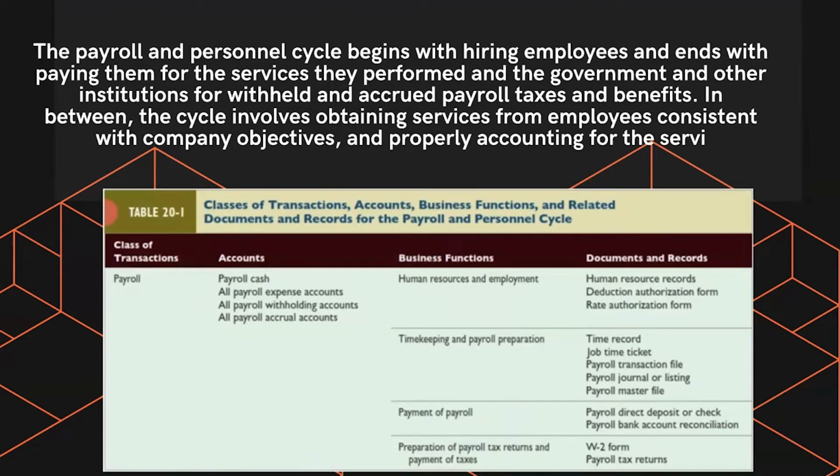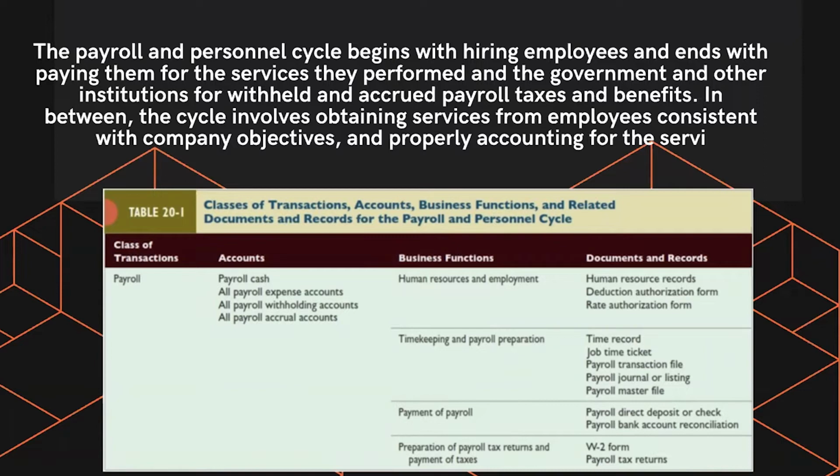The next is timekeeping and payroll preparation, which are important in the audit of payroll because they directly affect payroll expense for each period. Adequate controls are necessary to prevent misstatements in the following four activities: prepare time reports by employees, summarize and calculate gross pay, deductions and net pay, payment of payroll, and prepare payroll reports.